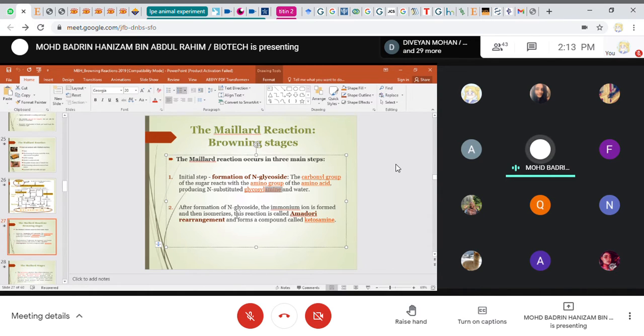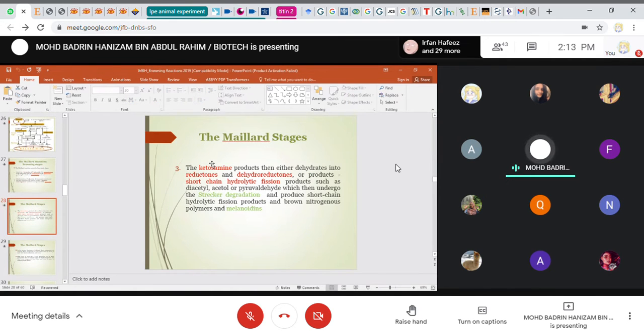This isomerization in the second stage is called the Amadori rearrangement. During this second stage, the product formed is called ketosamine. This ketosamine undergoes further reaction via several pathways.